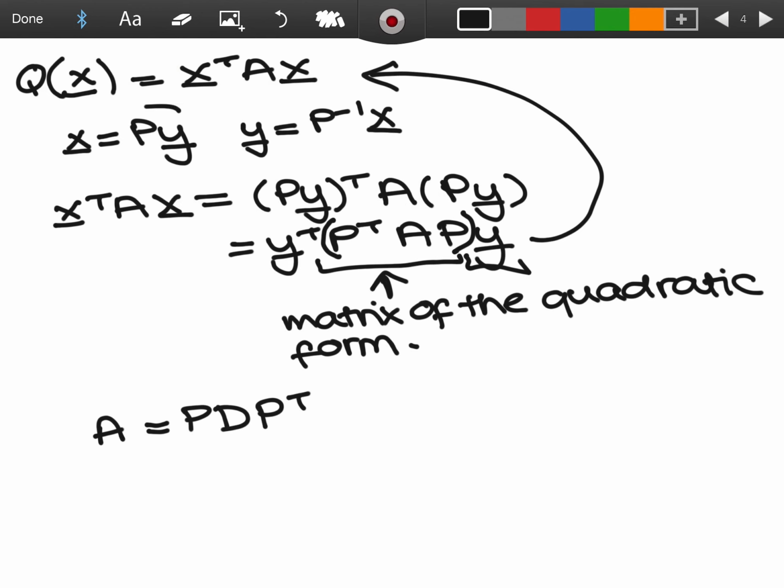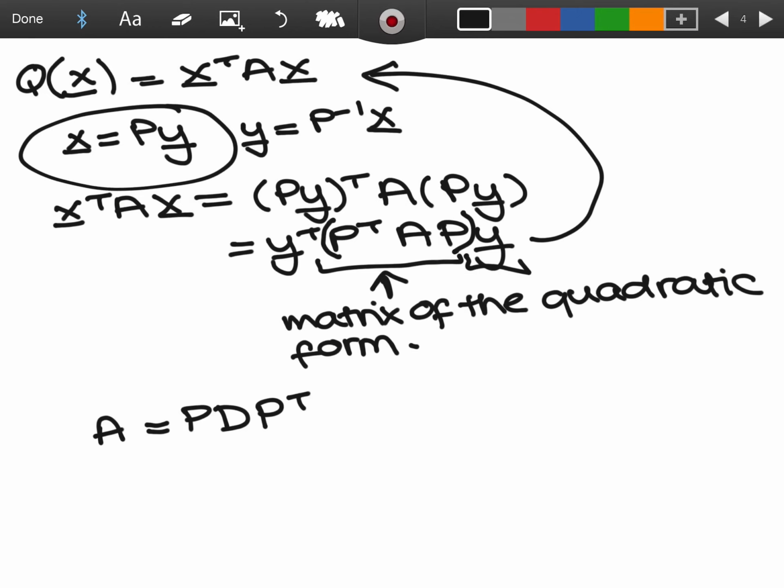So when I do this change of variable from X to Y, if I require that P is an orthogonal matrix, I know that P transpose equals P inverse. Remember, an orthogonal matrix is just an orthonormal matrix, so it's got orthonormal columns, but it is square.